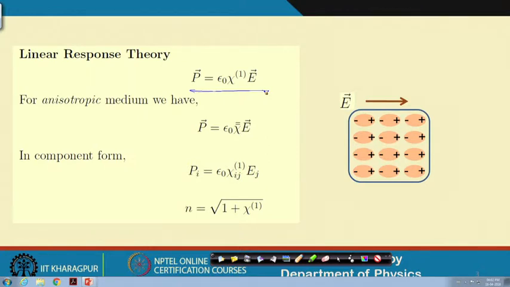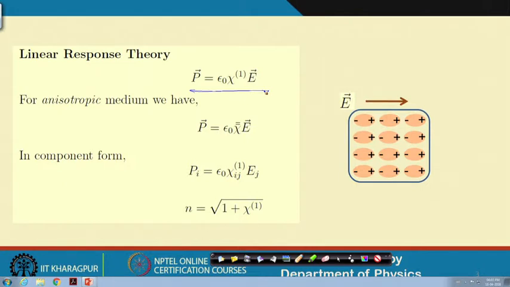So, the vector component P x is directly related to the component E x, P y is directly related to E y, and P z is directly related to E z. But this is not the case in general.